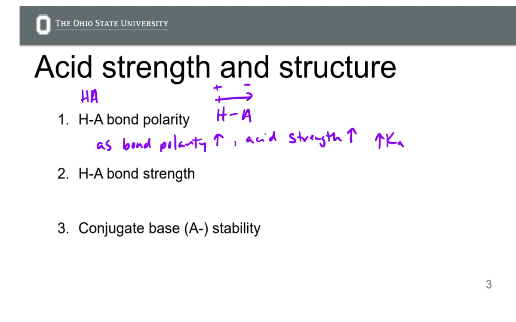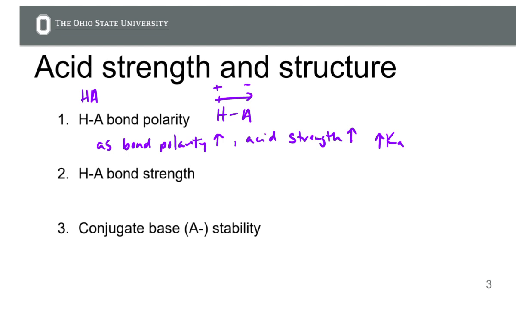The reason for this is that when this bond polarity is larger, the A portion is more electronegative, so it's able to withdraw electron density away from that proton, which makes the proton easier to leave.